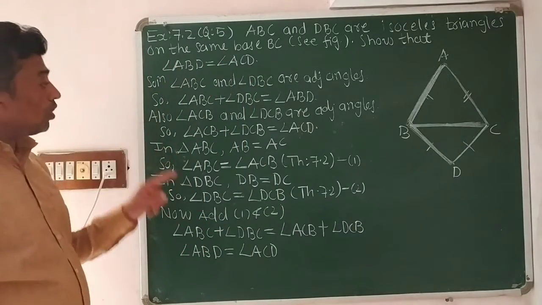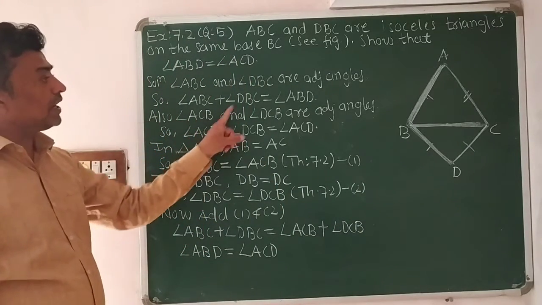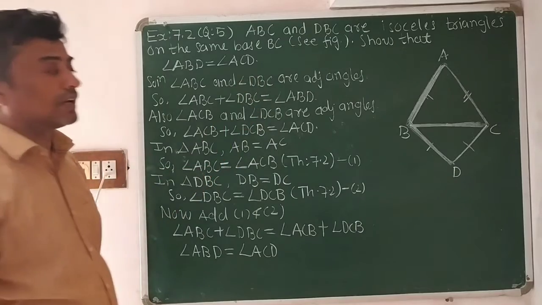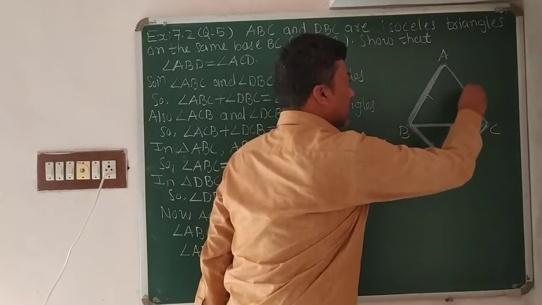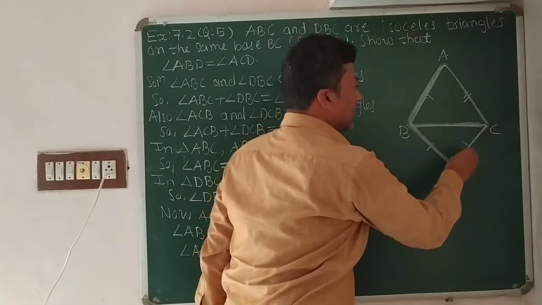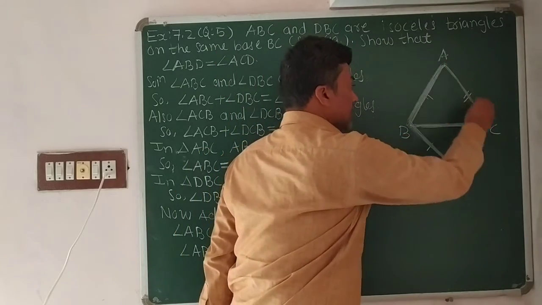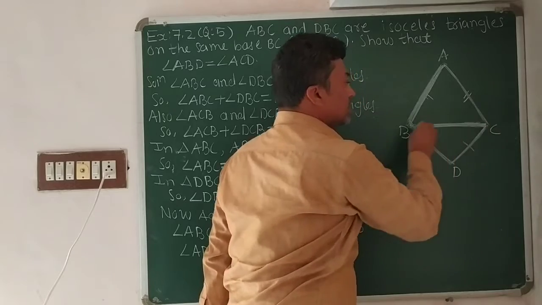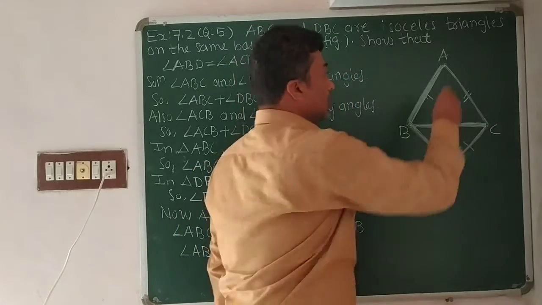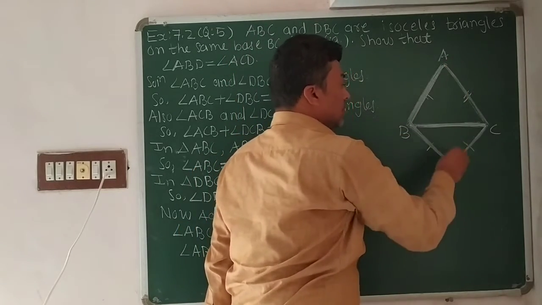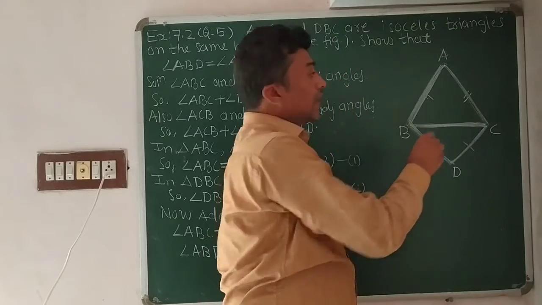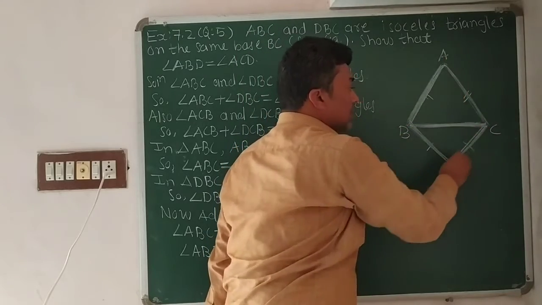Now see children, also angle ACB and angle DCB are adjacent angles. So angle ACB plus angle DCB, their sum is what? Angle ACD.